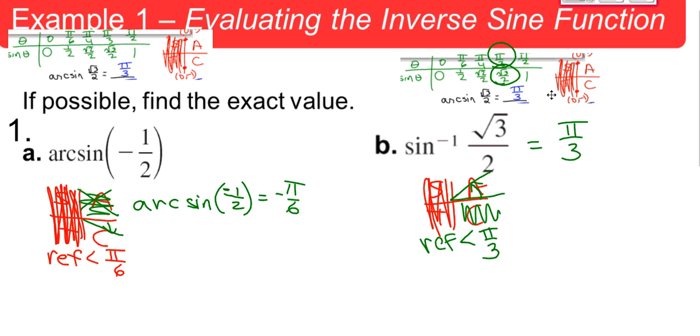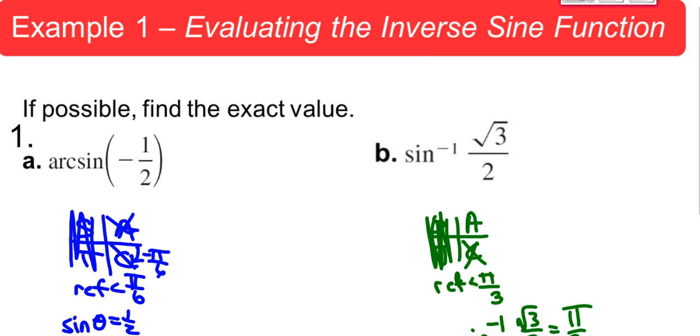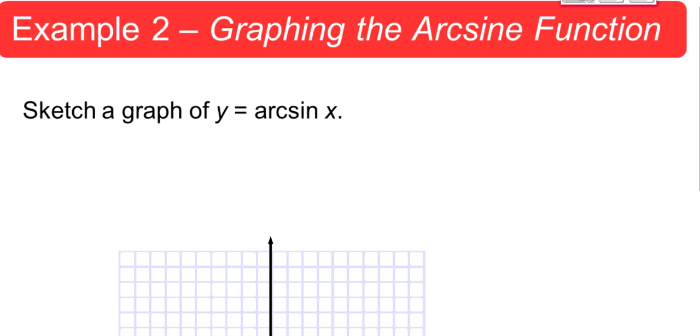The difference is that we look at the picture and the table, we get that ratio, then we get the reference angle, and then we decide from there what the answer is. Just be aware that when we do the other trig functions, we won't always be using these same two quadrants. So sine is one of the easiest ones to do.